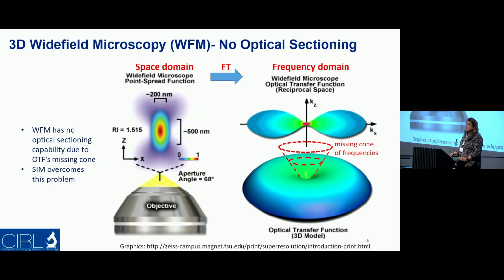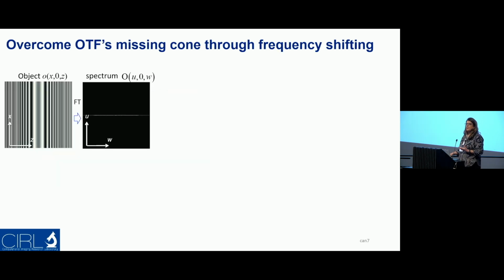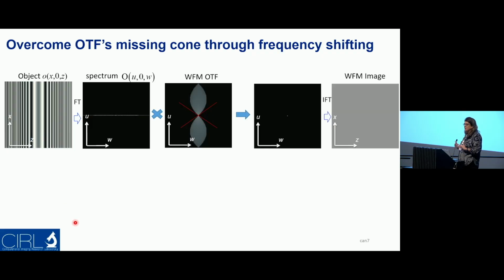Structured illumination microscopy overcomes this problem, and the paradigm is based on the fact that we can overcome the OTF's missing cone through frequency shifting. Imagine we have an object that only varies axially, like the one here, so its Fourier spectrum lies within the missing cone of the OTF, and so what you image is a uniform image, so you don't see the object.